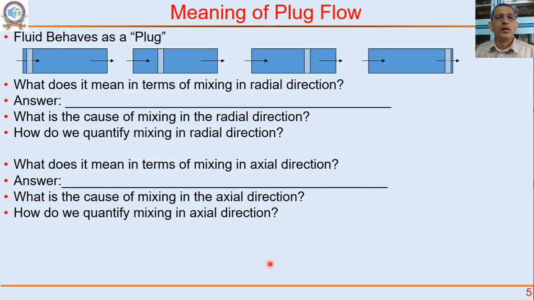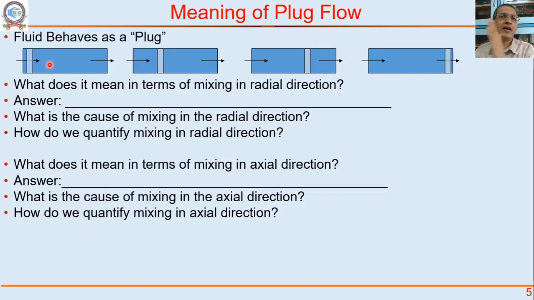Okay. So if you recall from your undergraduate lectures, when you say plug flow, what you would mean is that the liquid inside the reactor behaves like a plug. That means if this is a plug, this whole plug moves to the right from entry to exit, as if it is like a piston going from one end to the other.